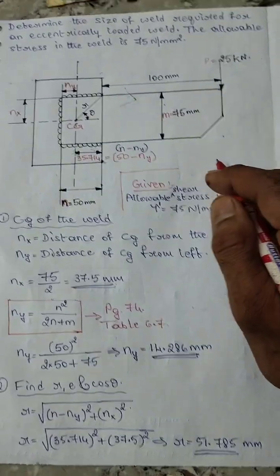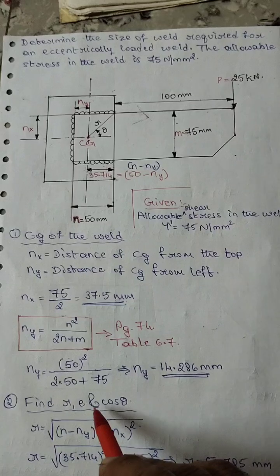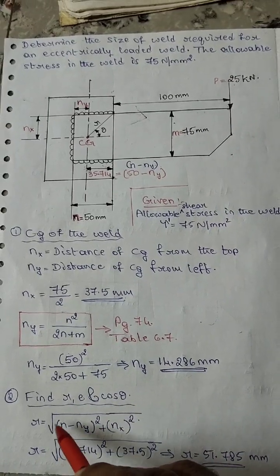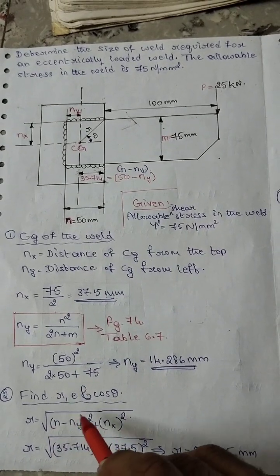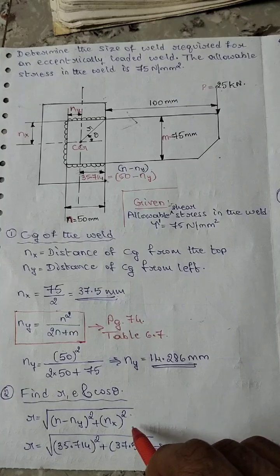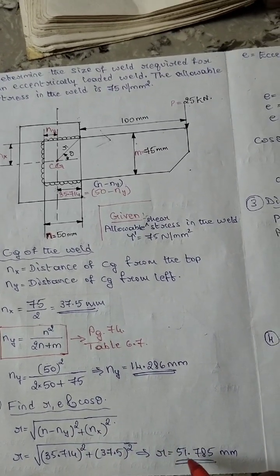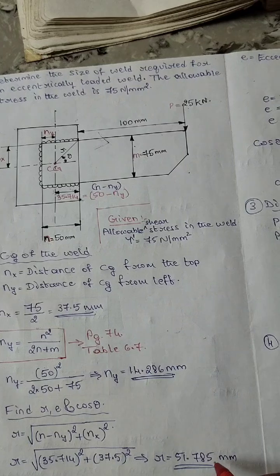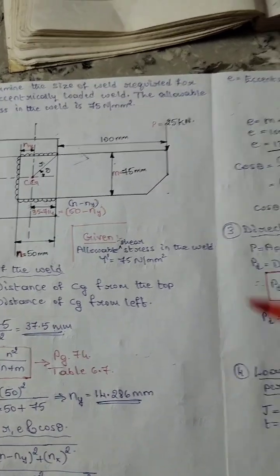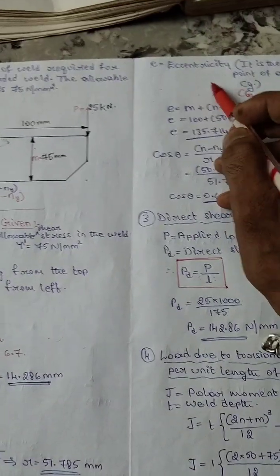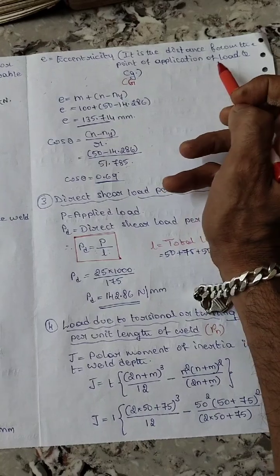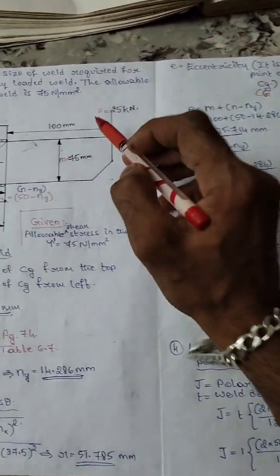Next, to find r, e and cos theta, this is the equation. This is not in your data handbook, so please remember this. Substitute the values and you'll get the value of r equal to 51.785 millimeter. Next, e is the eccentricity, that is the distance between the load applied and the center of gravity.